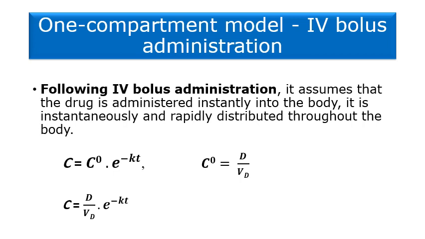So for these drugs, if the elimination rate constant of these drugs is not large, then the eliminated amount of a drug during the short infusion period will not be large, which means that we can still use IV bolus administration equations to calculate the plasma concentration of such drugs.